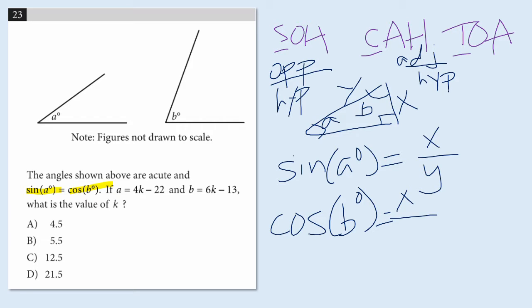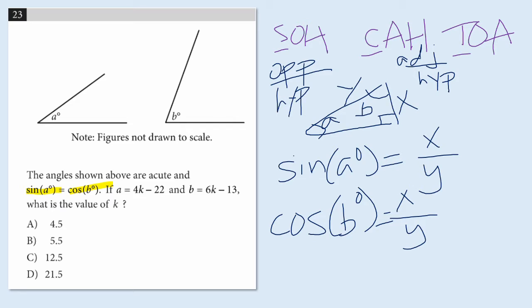So the adjacent to angle B is x and the hypotenuse is y. I want to be clear. I didn't know that angle A and angle B were complementary, but I said, what if they were? It just occurred to me because I know that these problems are not designed to be completely random.